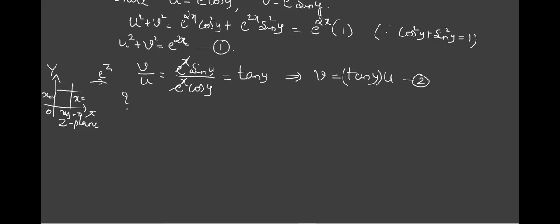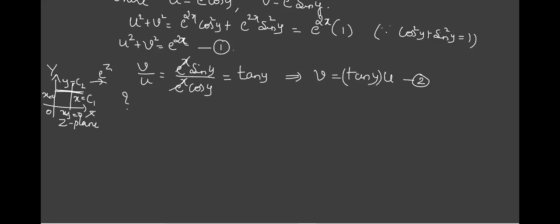If I take a line parallel to the y axis, the equation is in the form x equal to some constant. I'll take C1. And a line parallel to the x axis is y equal to some constant, take it as C2. So this is fixed; this we are going to take in the z plane. Then we'll see what the image is.